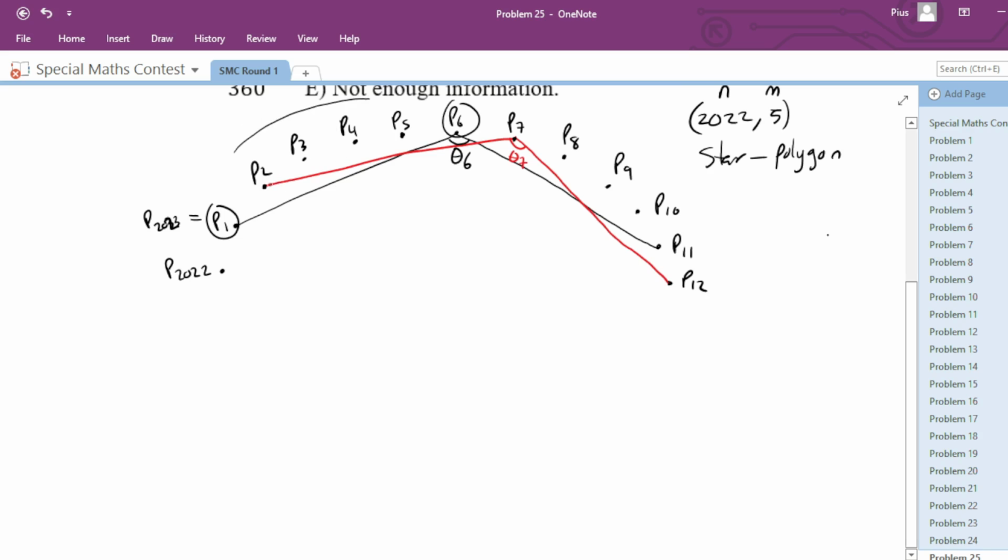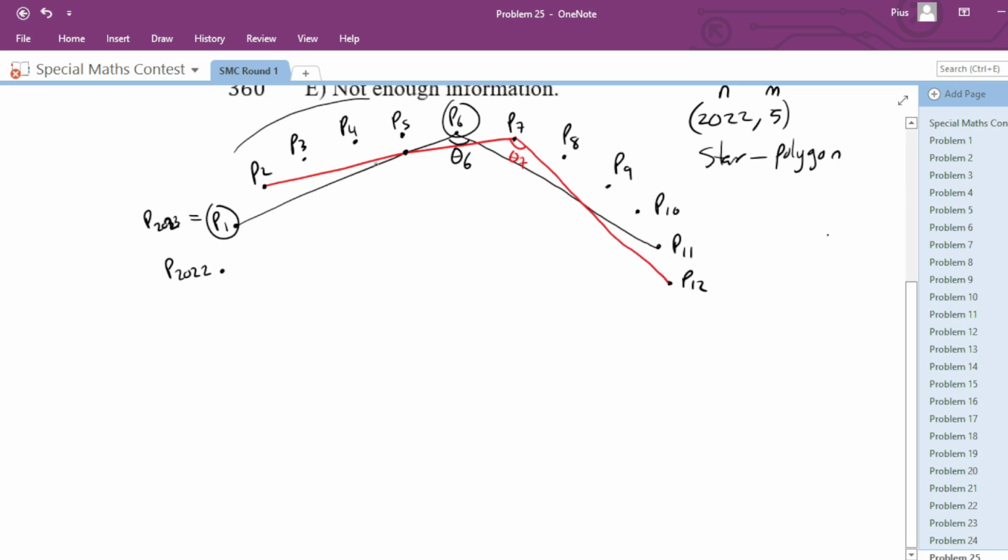If we connect P2 to P7, we expect it to cross this line at some point because of convexity. That's because P1, P6 divides the polygon into two parts, where P2 up to P5 lies on one side, and P7 up to P22 lies on the other side. So drawing that line segment is going to intersect because of convexity.